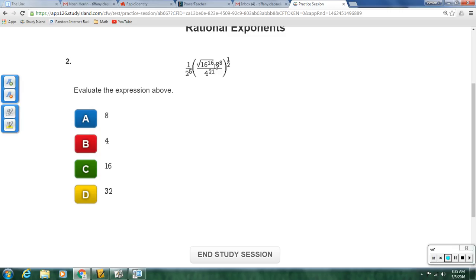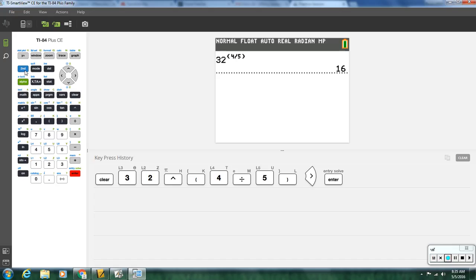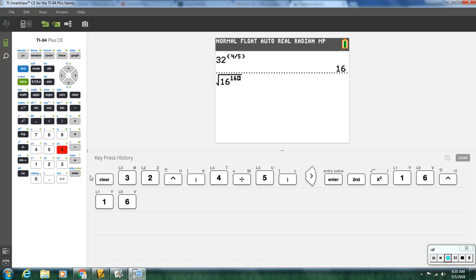So that's 3, and 2 of these are gonna be really big numbers. Square root of 16 to the 16th power, so you'll have to, 4, 2, 9, 4. Yeah, that's what I got.